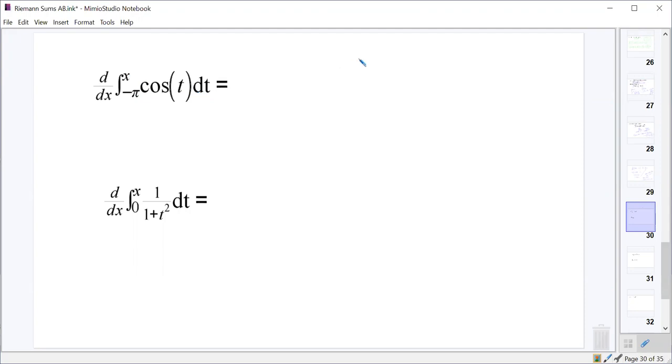Since we don't technically know what it is, we're going to say that capital F of x is equal to the antiderivative of cosine of t. So that's what we're going to say.